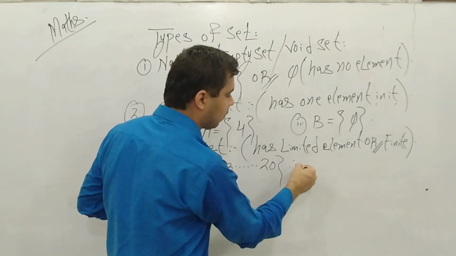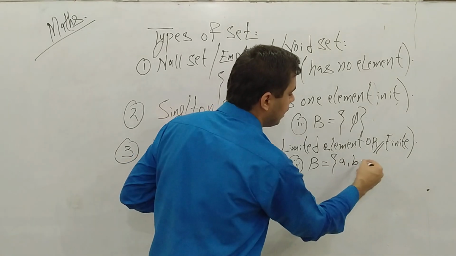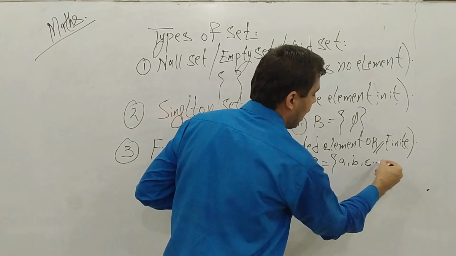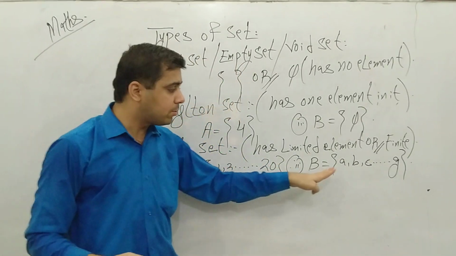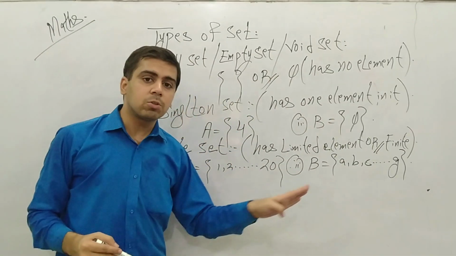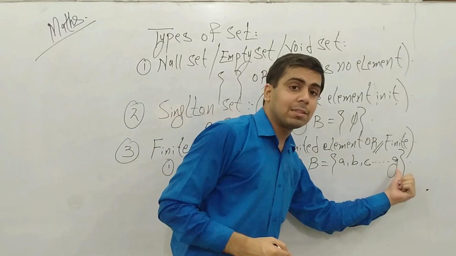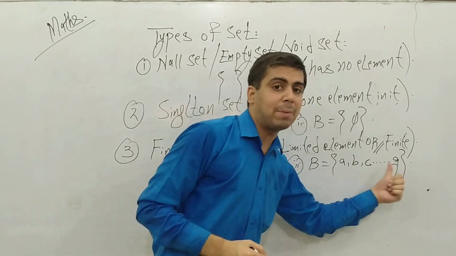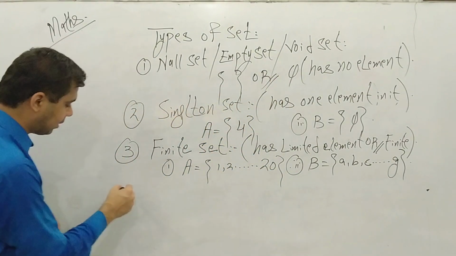Another example is B equals a, b, c up to g. Again, the range of these elements starts from a and goes up to g. Here you can also clearly see that the first element is mentioned and the last element is also given. This set is also known as a finite set.